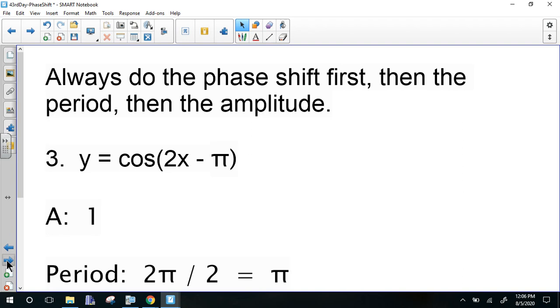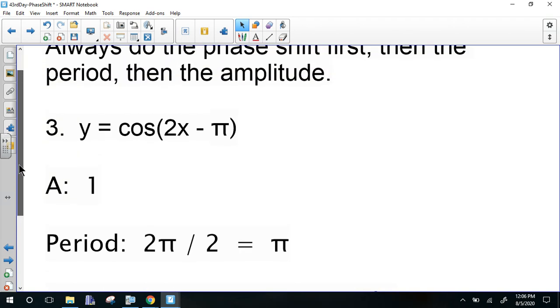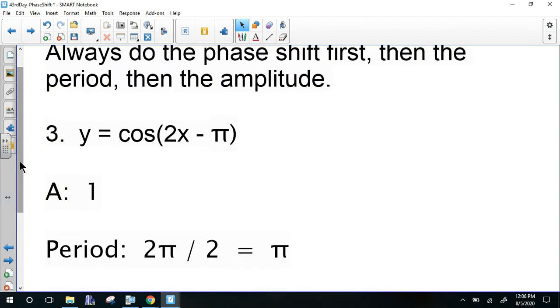I always want to do the phase shift first, then the period, and then the amplitude. So let's look at a graph that encompasses all three. Phase shift first, then period, then amplitude. My amplitude is 1.